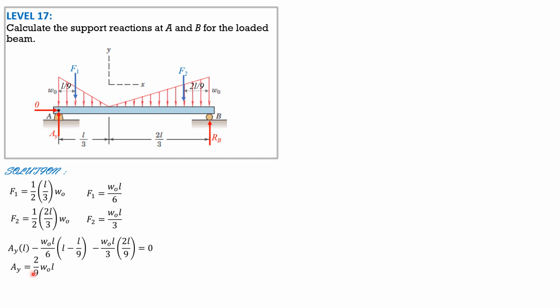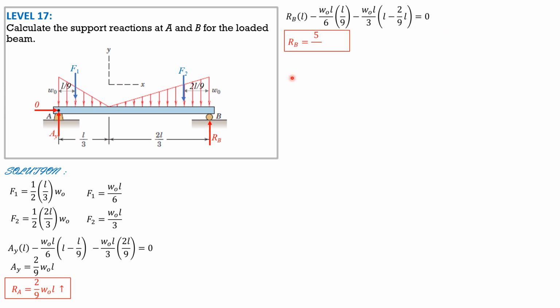And this is automatically RA because AX is 0, so RA equals AY equals 2 over 9 WOL upward. Then summation of moments about A equals 0, counterclockwise positive, RBL minus WOL over 6 times L over 9 minus F2, WOL over 3, times quantity L minus 2 over 9 L equals 0. So RB is equal to 5 over 18 WOL upward.